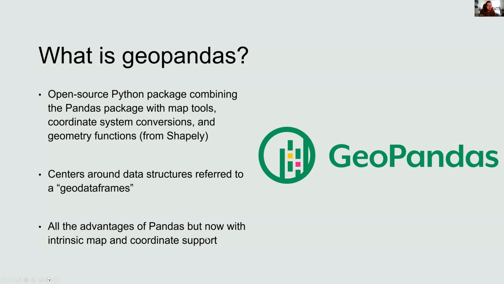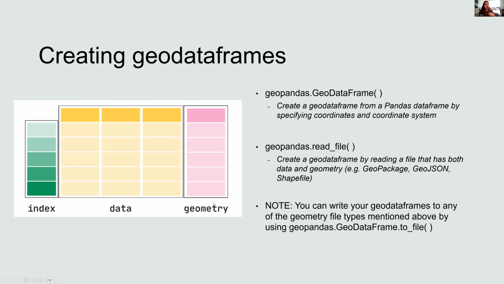So it has all the advantages of Pandas as far as ease of use and ease of data selection and querying and manipulation. But now it has this intrinsic support for plotting and geometries. So similar fashion to Pandas, right?